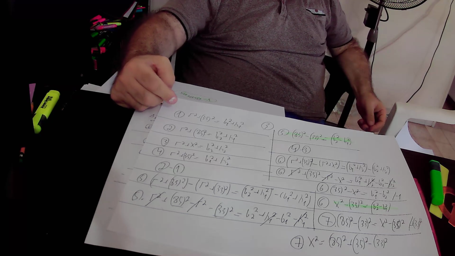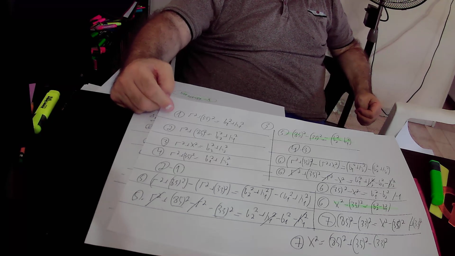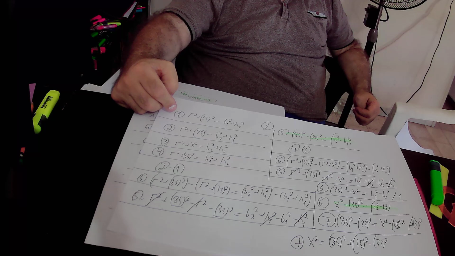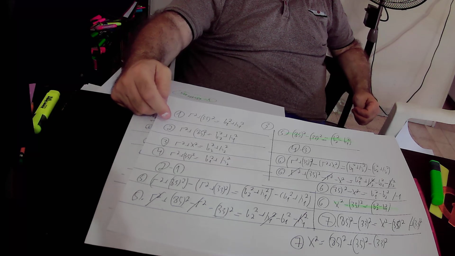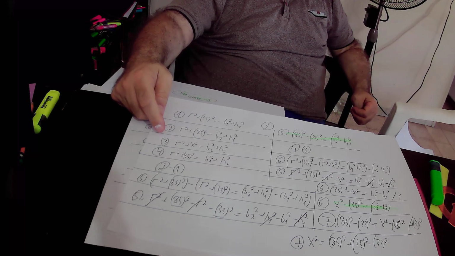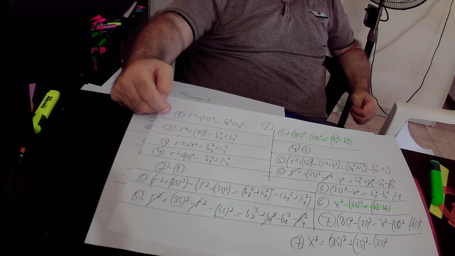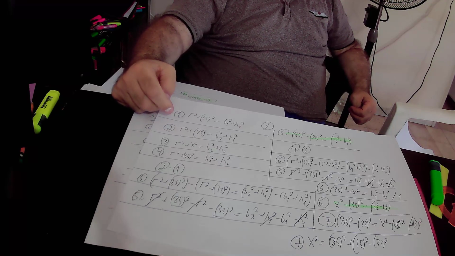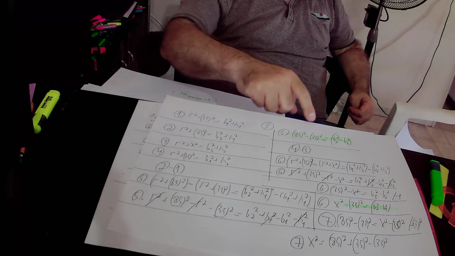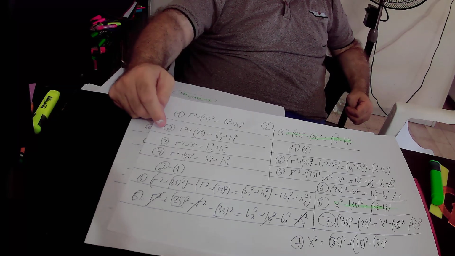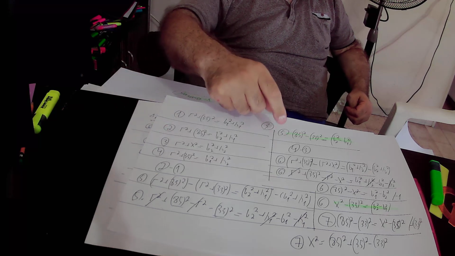And then we subtracted equation number 2 from equation number 1. Then we subtracted equation number 3 from equation number 4. So by subtracting equation number 2 from equation number 1, we created equation number 5. By subtracting equation number 4 from equation number 3, we created equation number 6.